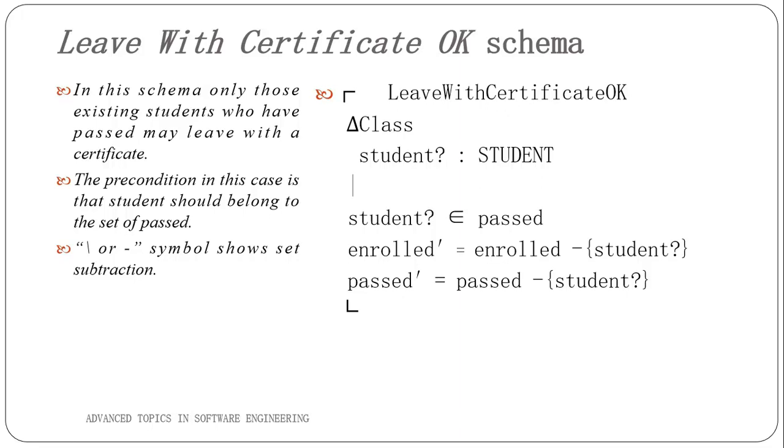If you belong to the set of passed, then enrolled dash becomes equal to enrolled minus student. That means a student will get removed from my enrolled set, as well as pass dash equals pass minus student question mark. That means the student who has completed all his assignments will be removed from my pass finite set, and it will be updated as pass dash equals pass minus student question mark.